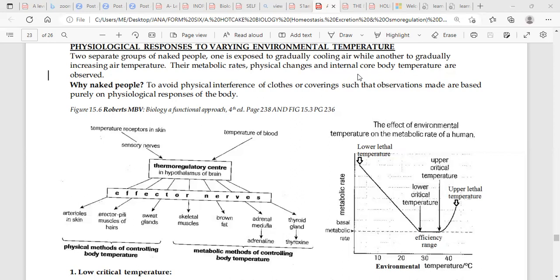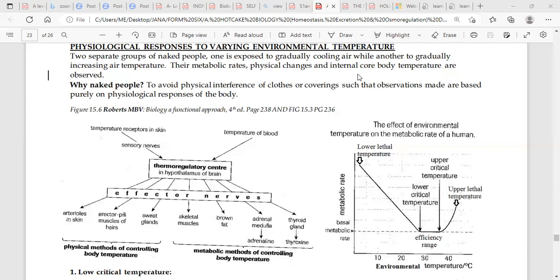We looked at the different responses of the endotherms to varying environmental temperatures, that is to cold environments, and then to hot environments.